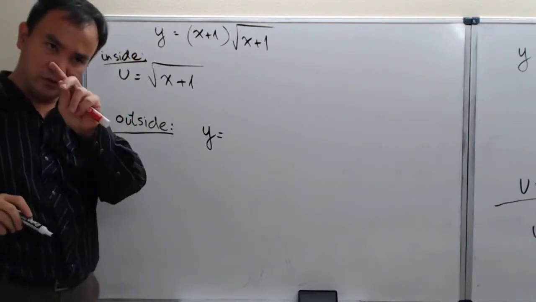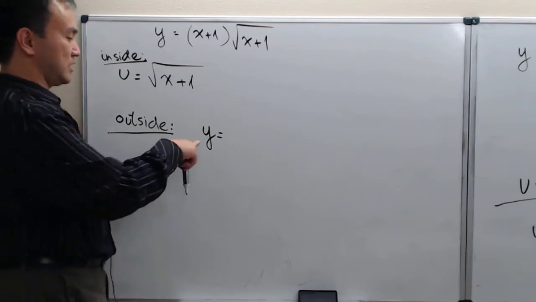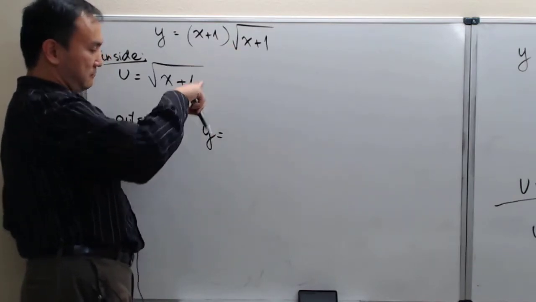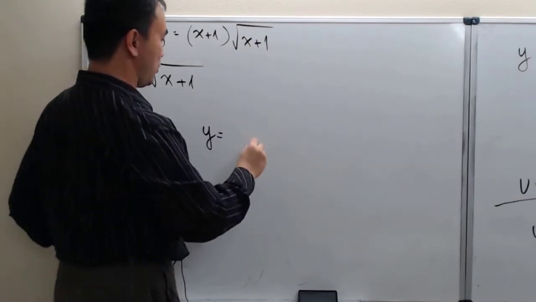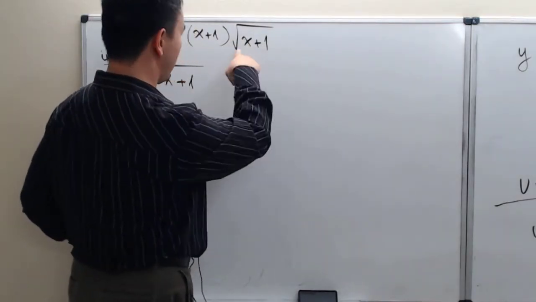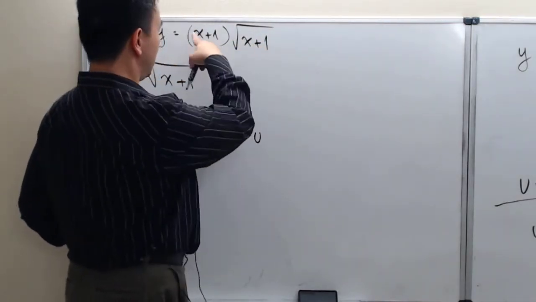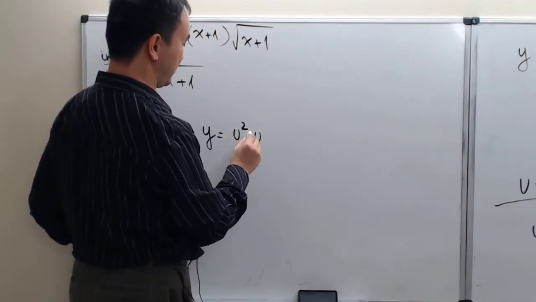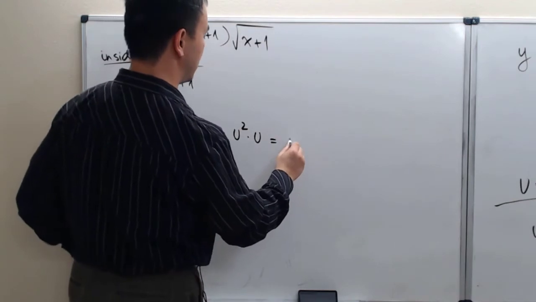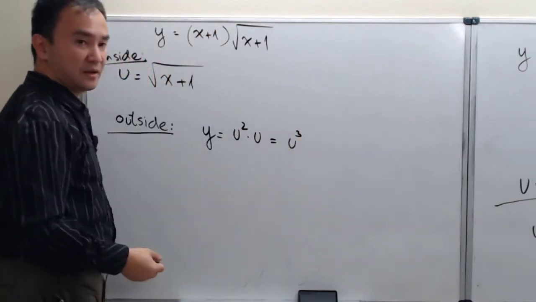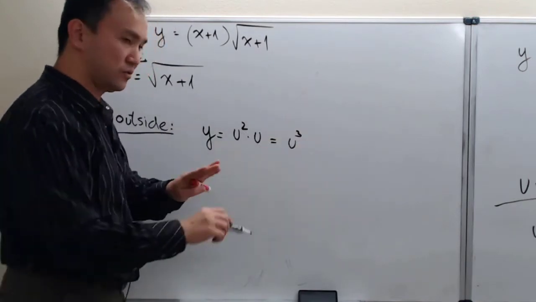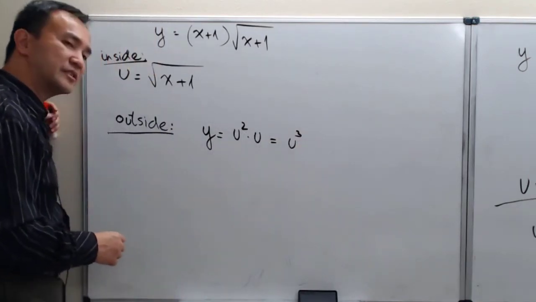Anything you can choose to be the inside. Experienced people can rewrite this as, see, the square root of x plus 1 is a u. But this here, in my argument earlier, we can write as u squared. So u squared times u is u cubed. So y equals u cubed, and we've completely washed away the x variable. So now we're good with that outside function.